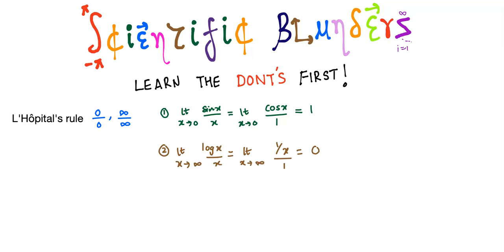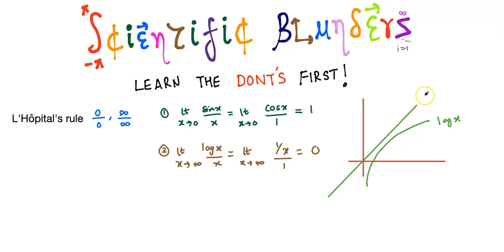And this is kind of intuitive because if you look at the graph of log x, so let's quickly, as a side note, I always try to think of things graphically because I think that's one of the most powerful tools in our toolkit when it comes to mathematics. So log x looks something like this, correct? And x looks something like this, okay?